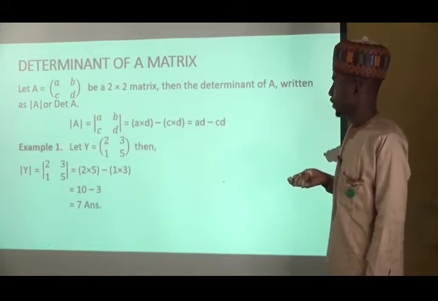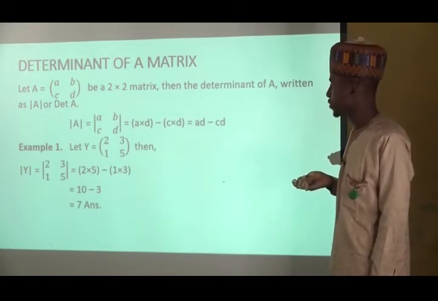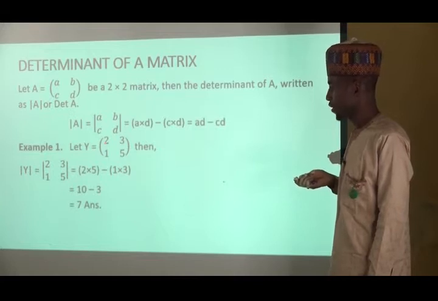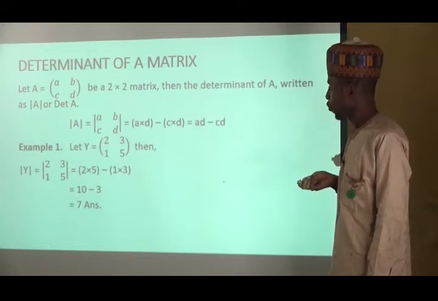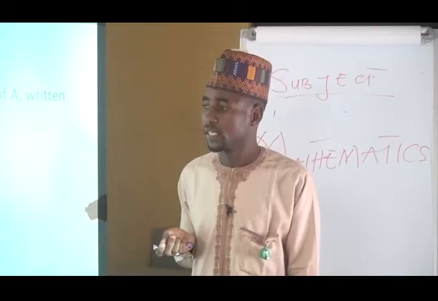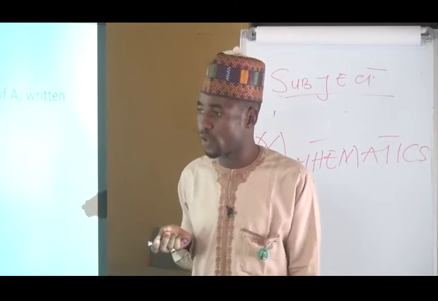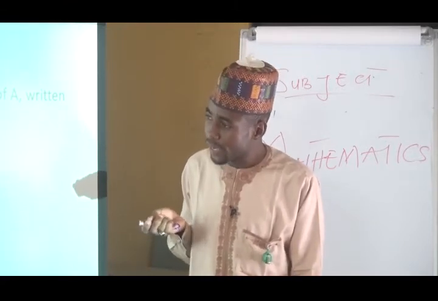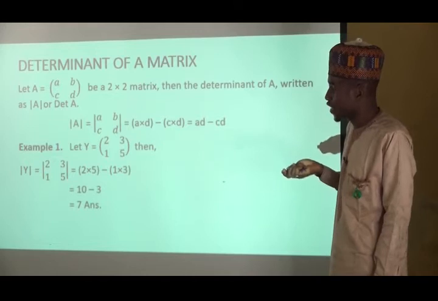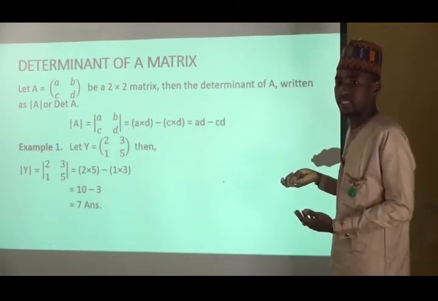Example, let Y be a matrix with elements in the first row 2, 3, second row 1, and 5. Then its determinant. Take note, if you are evaluating a determinant of a matrix, the brackets around the given matrix will change to 2 vertical lines, meaning you are now evaluating the determinant.